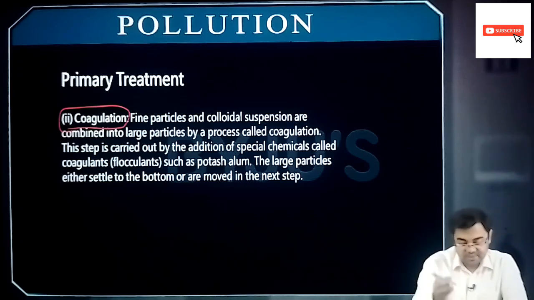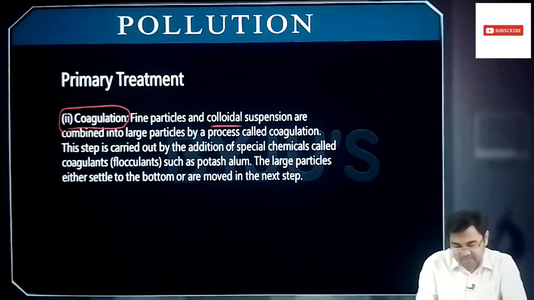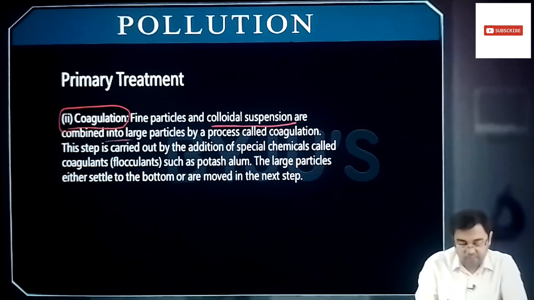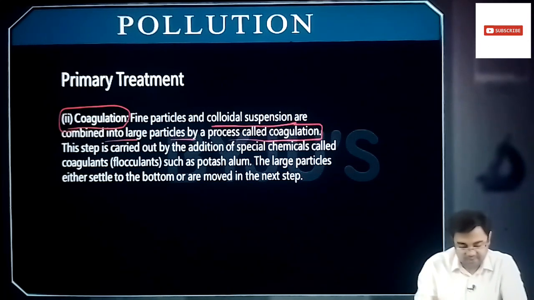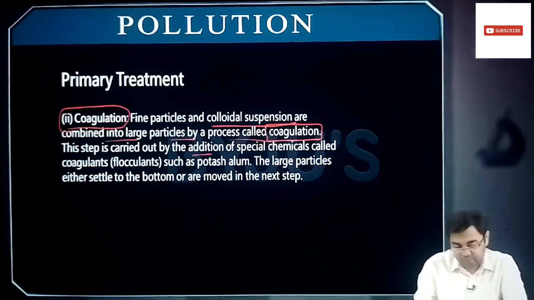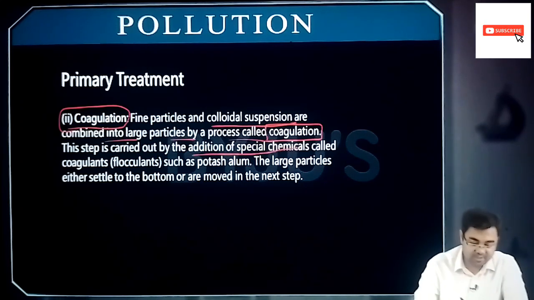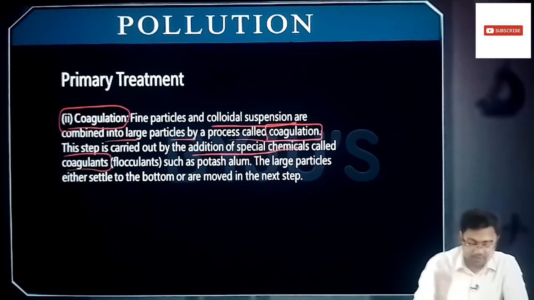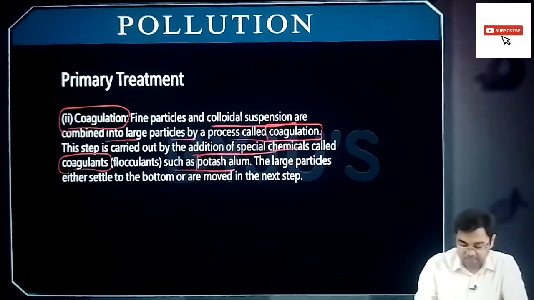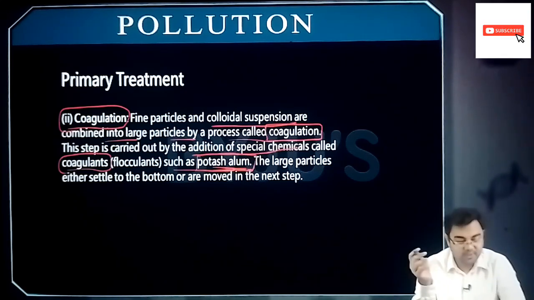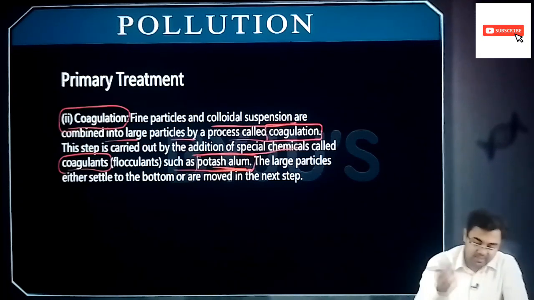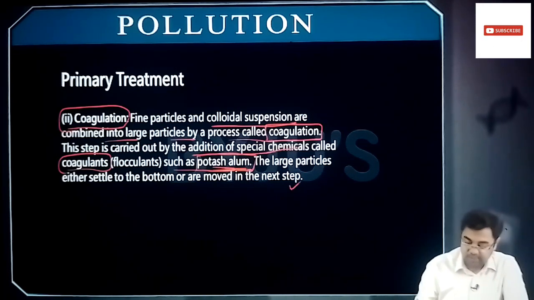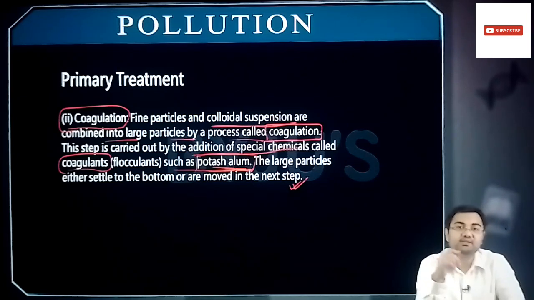In coagulation, the fine particles and the colloidal suspensions are combined into a large particle. This step is carried out by the addition of special chemicals called coagulants, such as potash alum. The large particles either settle to the bottom or are moved into the next step.